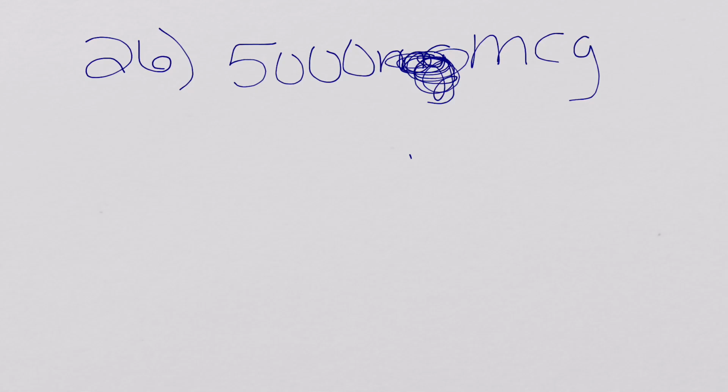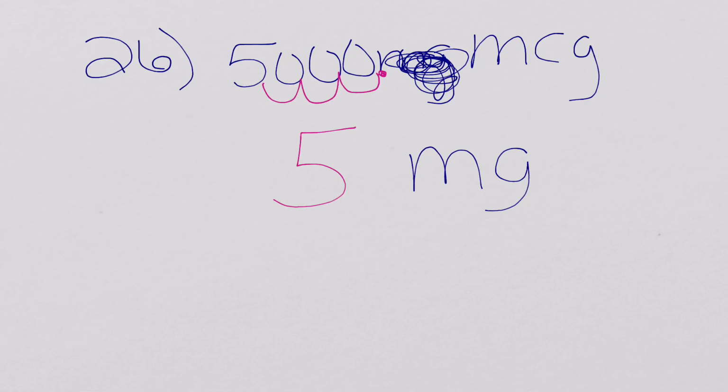So you know that your answer is going to be smaller than that. So you would move it to the left. So your decimal place on the whole number is here. And since there's 1,000 micrograms in a milligram, you would move it 3 places. Be 1, 2, 3. Your answer would be 5 milligrams.